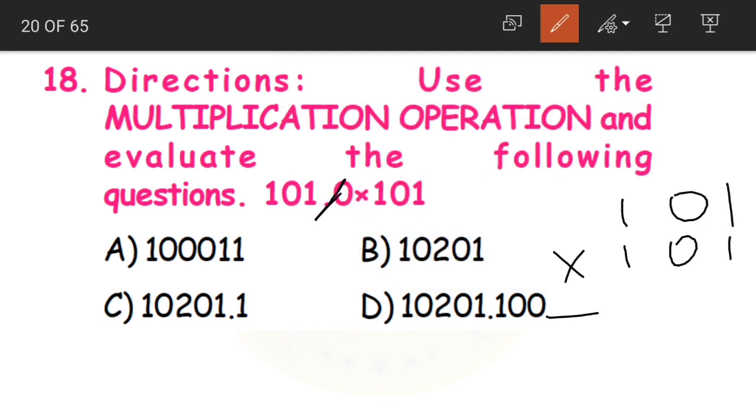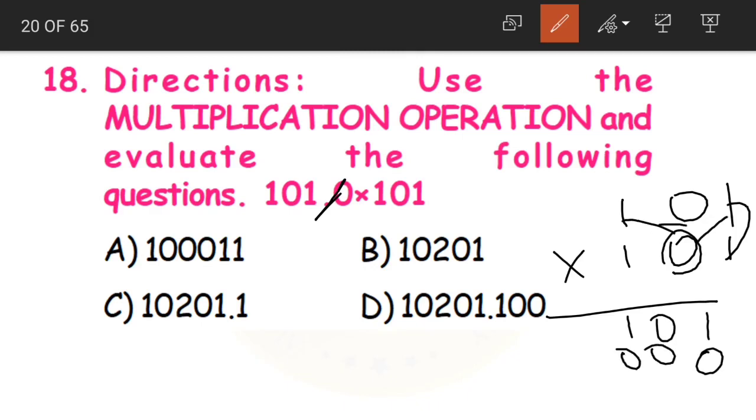101 into 101. Now 101 into 1 becomes what? 101. Now new number with a 0. 0 into anything becomes what, children? 0 only. So 0 ones are 0, 0 zeros are 0, 0 ones are again 0. Now coming to the last digit, that is 1. Again new digit, new line.